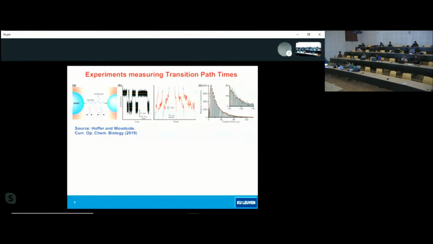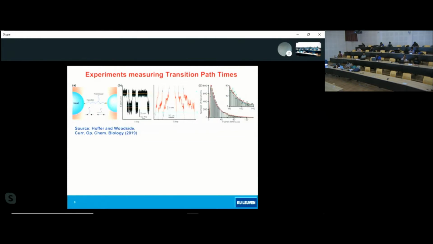What you see in A is two beads held by lasers, and there is a molecule in between. This is a double-stranded DNA, but this hairpin is a piece of self-complementary part that opens and closes, and it fluctuates. And so when you measure the extension as a function of time, as you see in B, you see these black fluctuations from one side to the other, okay?